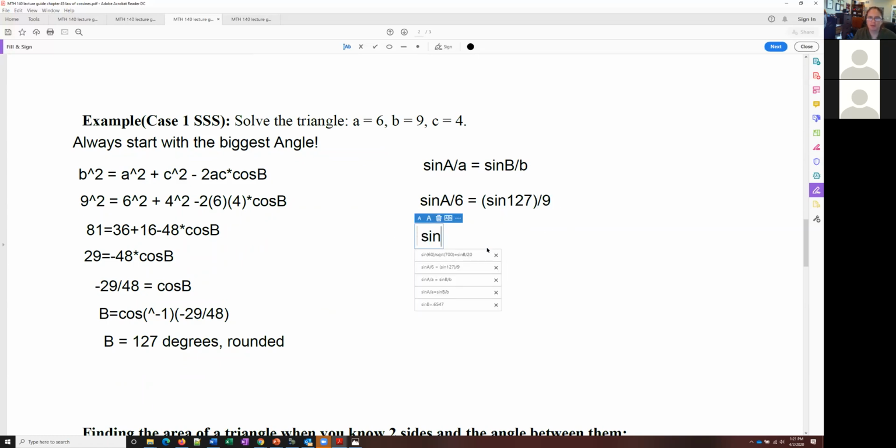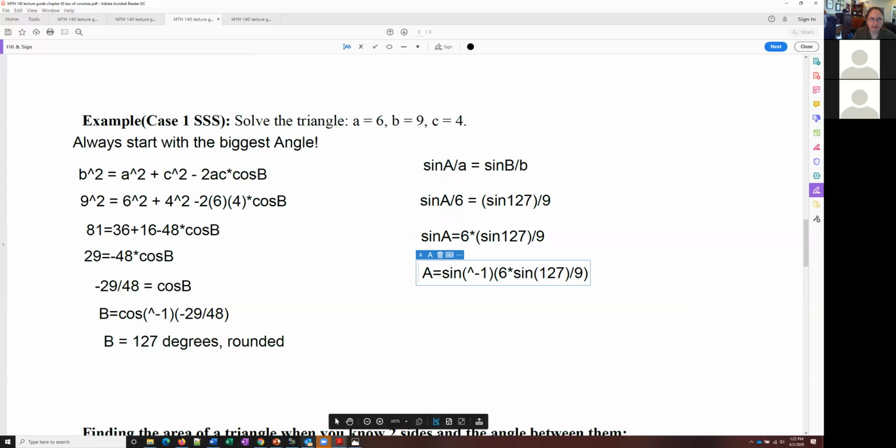If I multiply both sides by 6, I have that the sine of A is equal to 6 times the sine of 127 divided by 9. And so then A will equal the inverse sine of this number, 6 times the sine of 127 divided by 9.